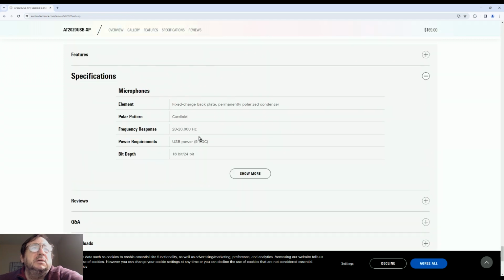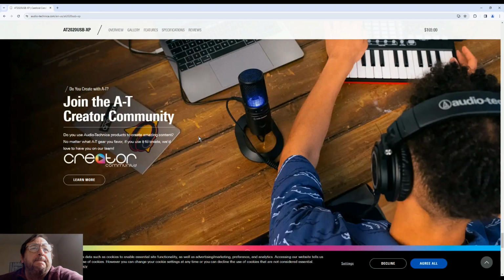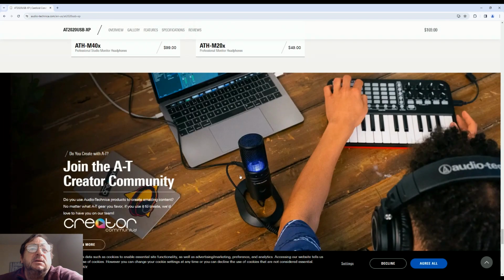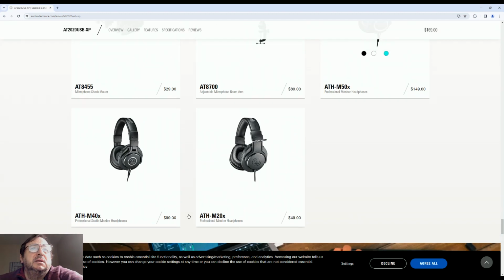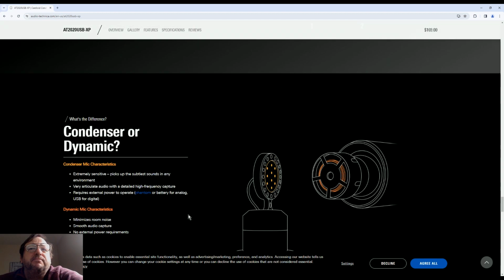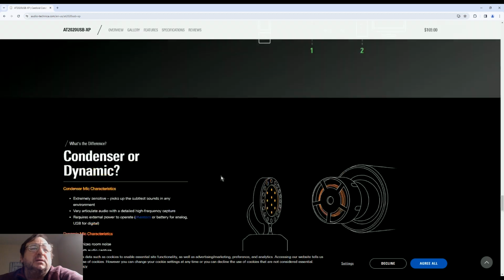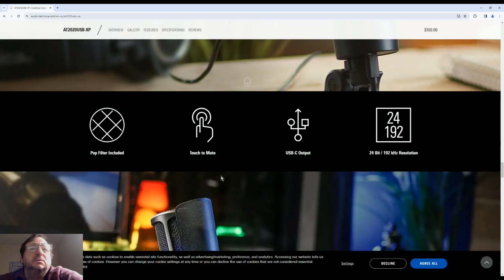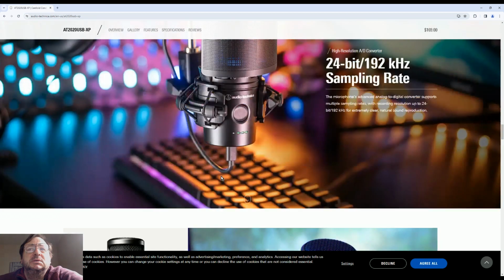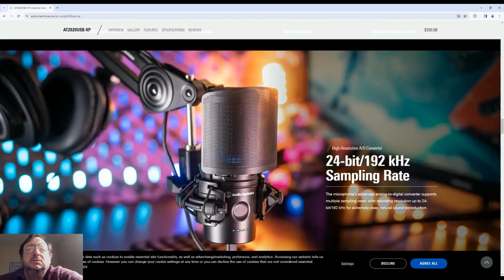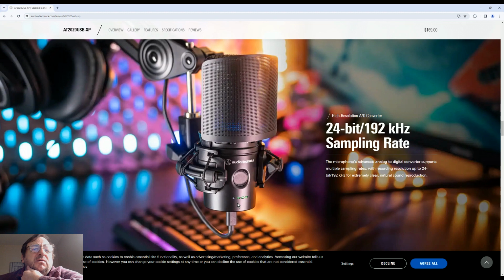USB? I think USB. Normally microphones like that are USB, or XLR. I would say it's kind of hard to find 3.5.